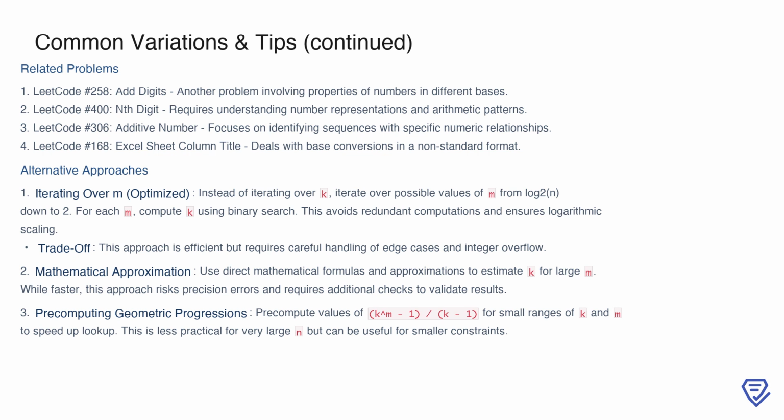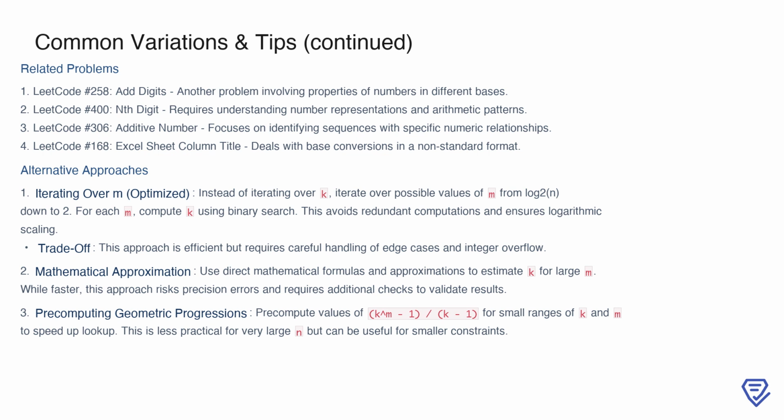Similarly, LeetCode number 306, Additive Number, focuses on identifying sequences with specific numerical relationships, and LeetCode number 168, Excel Sheet Column Title, deals with base conversions in a non-standard format. Exploring these problems can provide additional practice with related patterns and techniques.